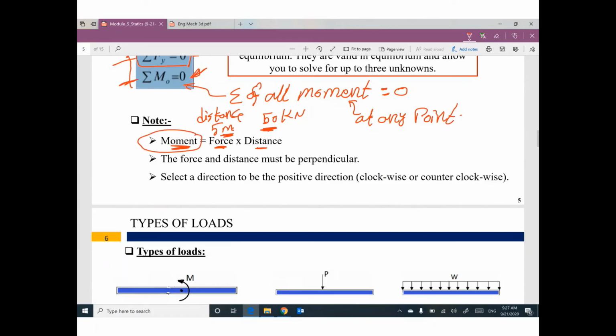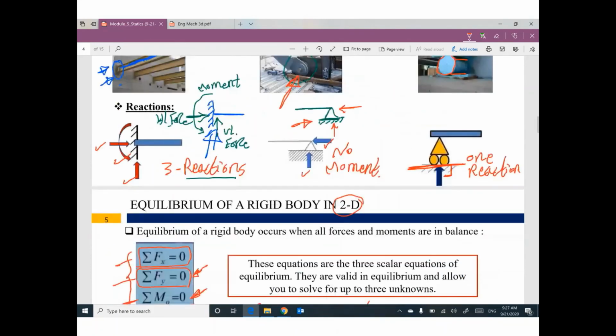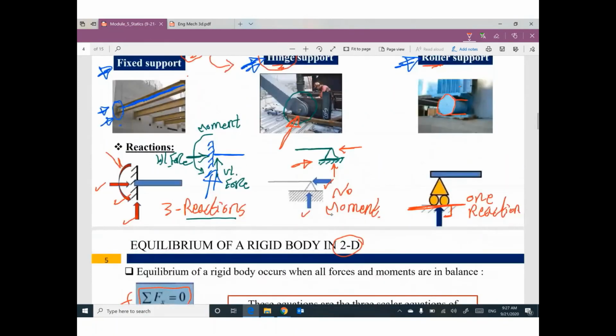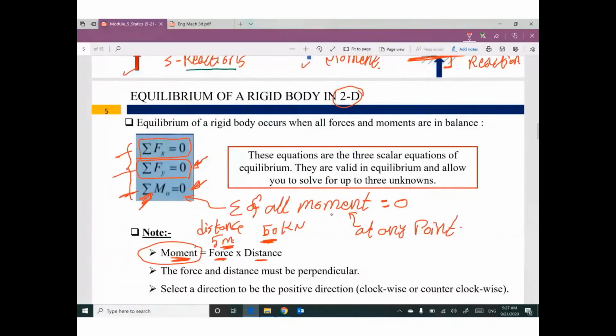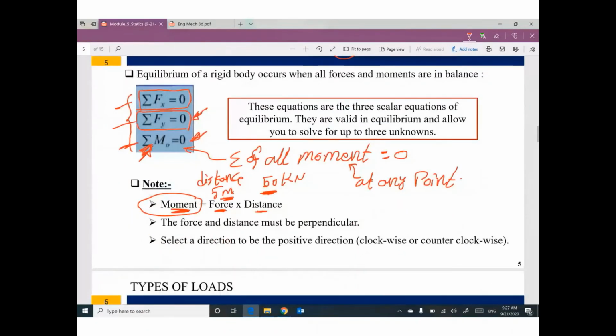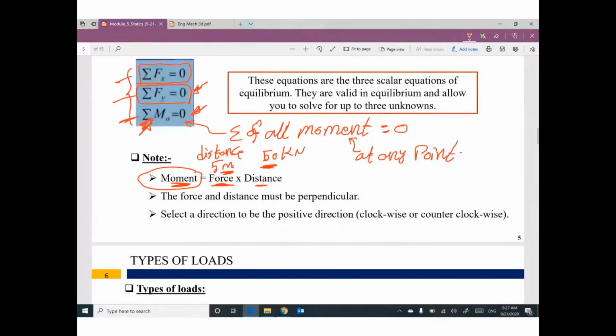So this moment, as a reaction or as an equilibrium equation, is force times distance. Keep in your mind, not any force, not any distance. No, your force and your distance must be perpendicular.